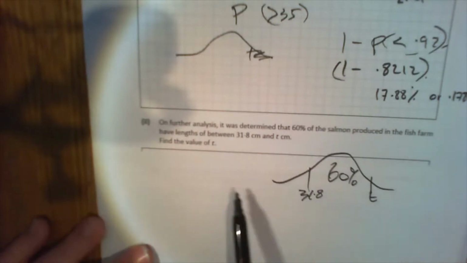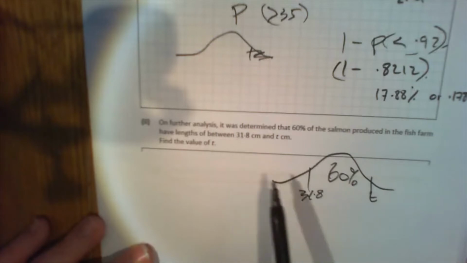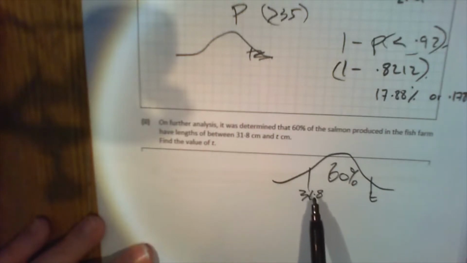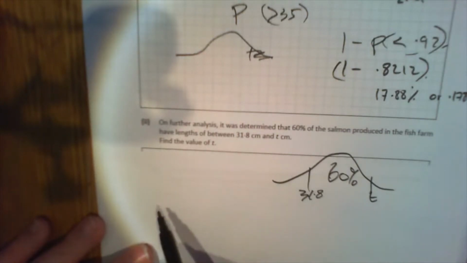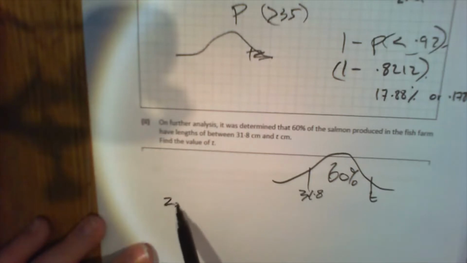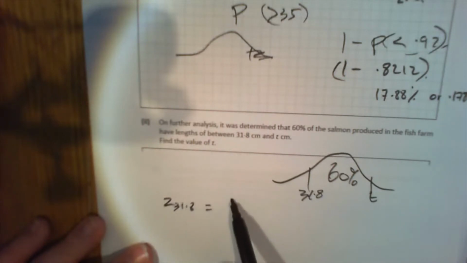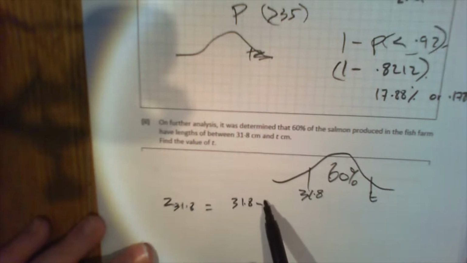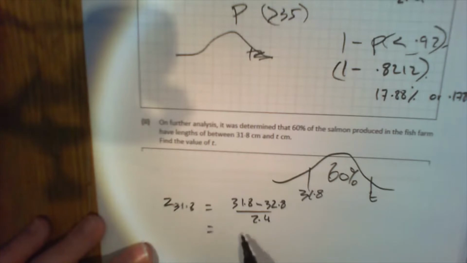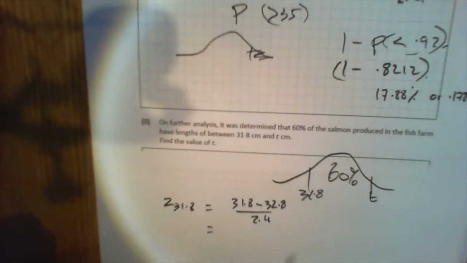So let's get the 31.8, okay, because we need that one. So the Z for 31.8 is going to be 31.8 minus 32.8 over 2.4, which is going to be minus 1 over 2.4, which is minus 0.42, which makes sense.